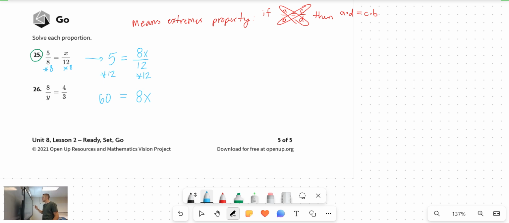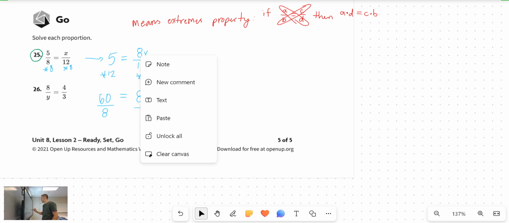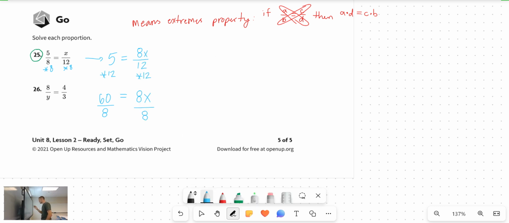I think we have to figure out what would go over the 12. So let's divide both sides by 8. And of course we could have done this a little bit more straightforwardly, but I'm trying to demonstrate a property here. So that's why we're doing it this way.